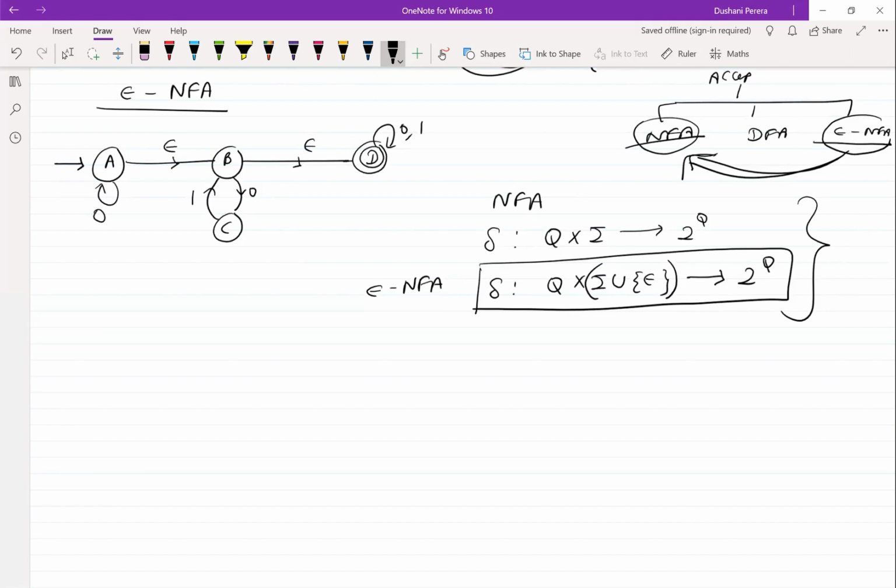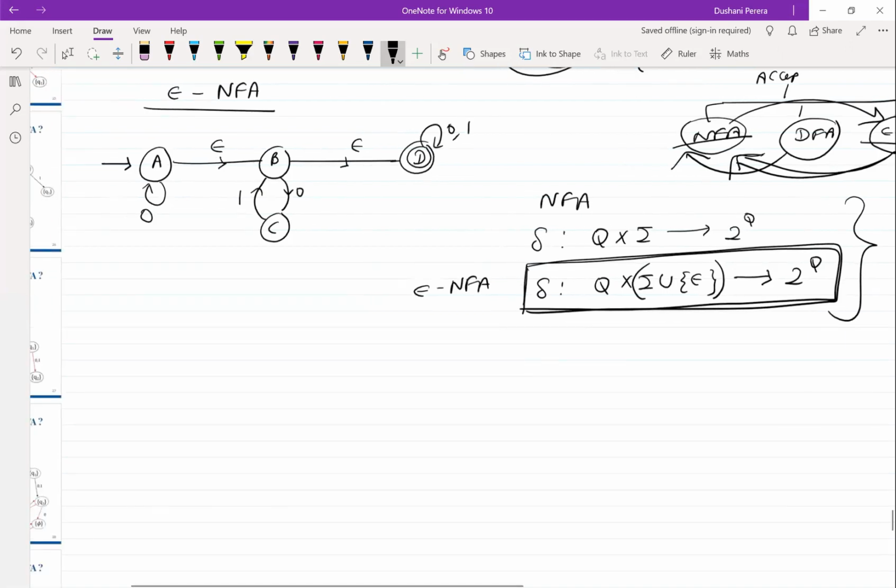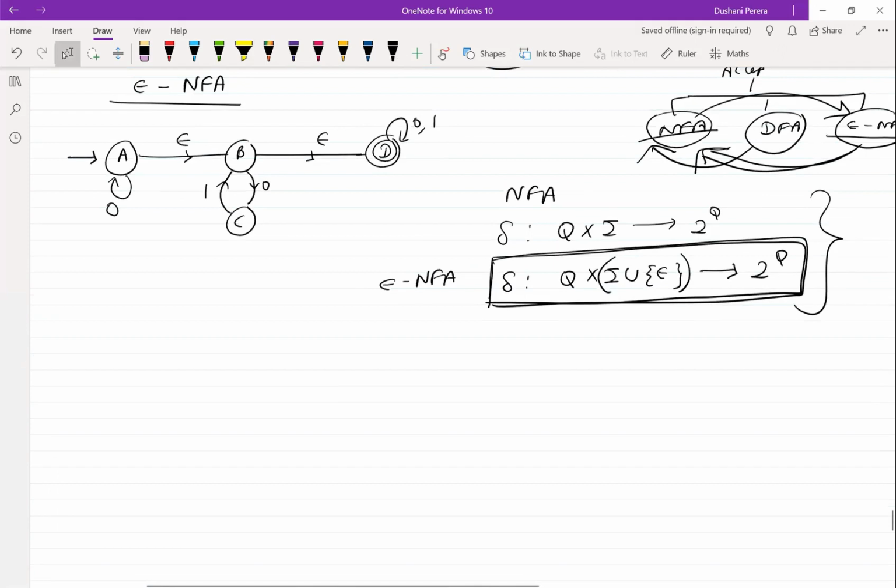We said all DFAs are anyways NFAs and all NFAs are anyways epsilon NFAs. Therefore everybody finally comes under that. So some books define this as NFAs and they talk about NFAs in general. However, we'll be talking about them separately because that's easier. That makes our lives easy.